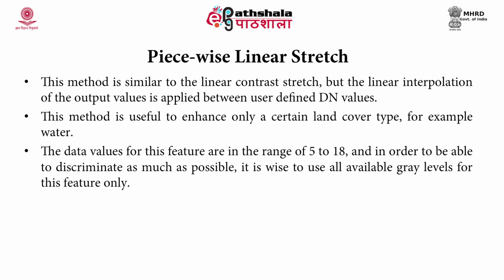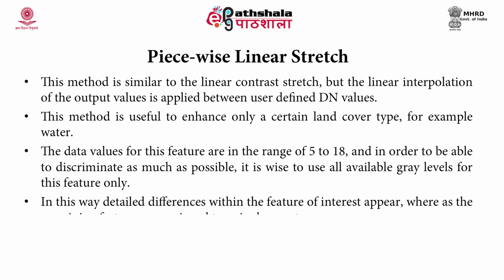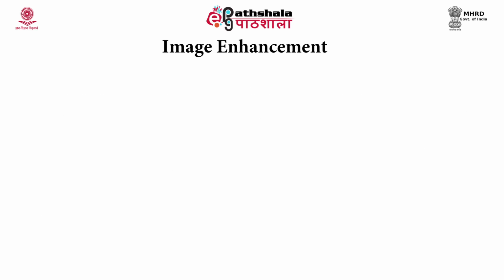The data values for this feature are in the range of 5 to 18, and in order to be able to discriminate as much as possible, it is wise to use all available gray levels for this feature only. In this way, detailed differences within the feature of interest appear, whereas the remaining features are assigned to a single gray tone. Another technique in enhancement is spatial filtering.